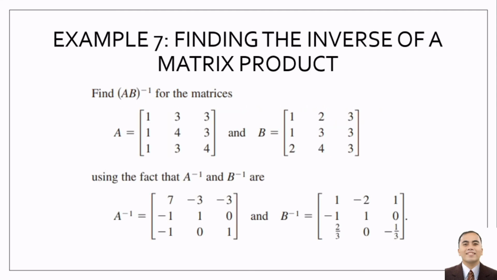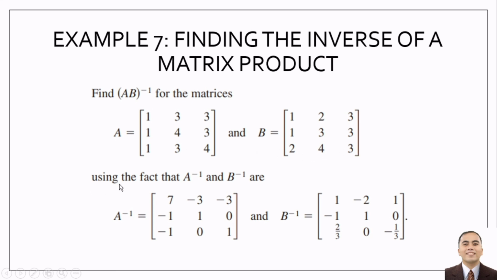Okay, example number 7. Finding the inverse of a matrix product. Find the inverse of A times B for matrices A and B. A is equal to 1, 3, 3, 1, 4, 3, 1, 3, 4. And B is 1, 2, 3, 1, 3, 3, 2, 4, 3.